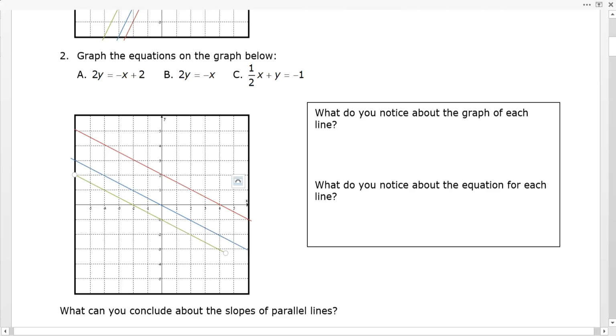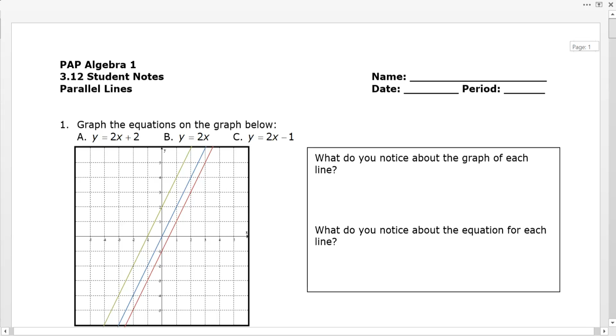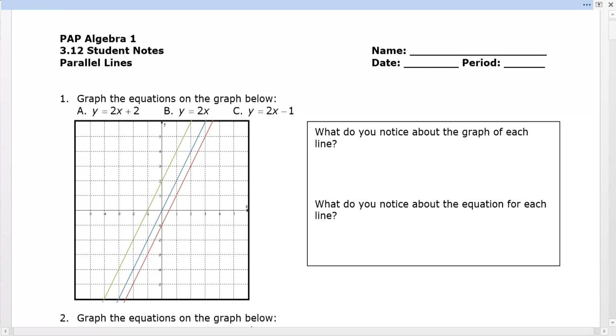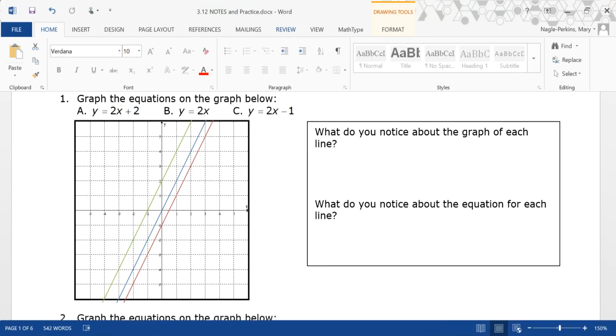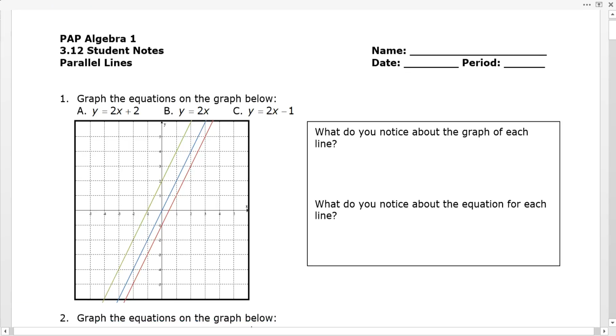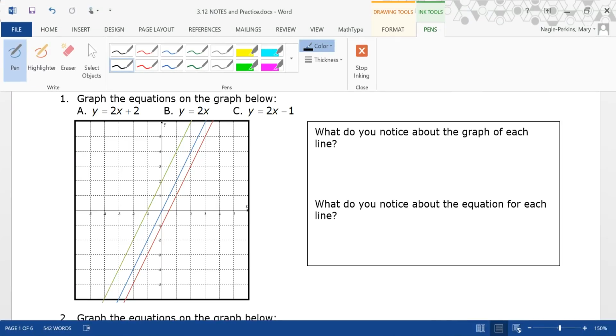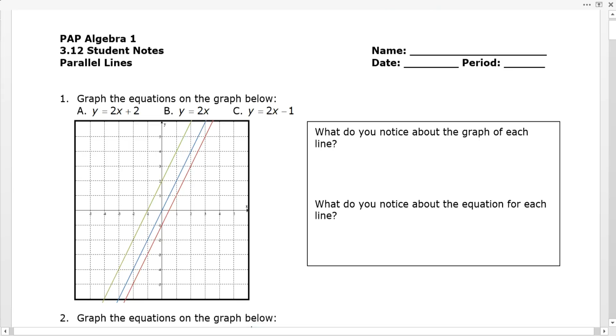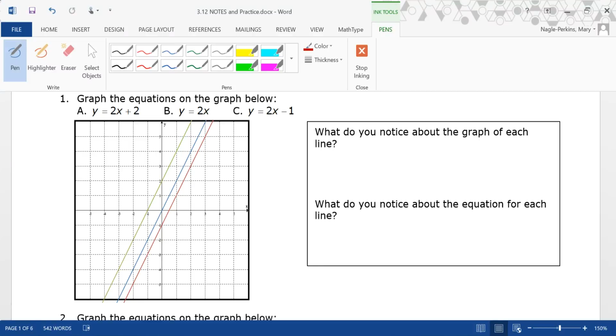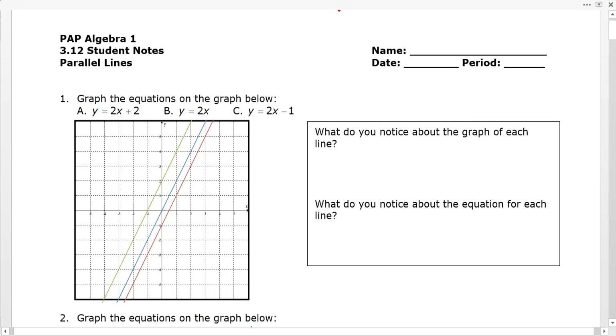So if you can see these three lines and hopefully notice what's the same about them, if you haven't already, put it in your notes. We will put it in our notes right now. Okay, so I have my three lines.